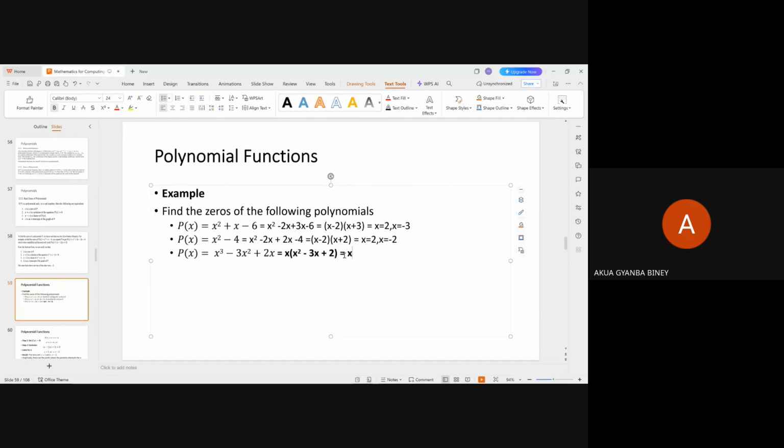Where you have x out, inside you now have x squared minus x minus 2x plus 2.